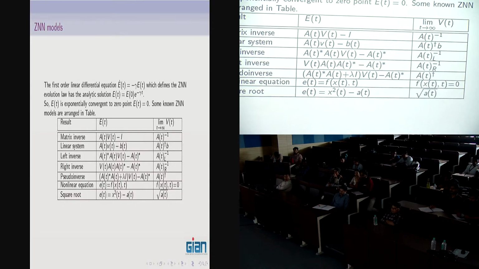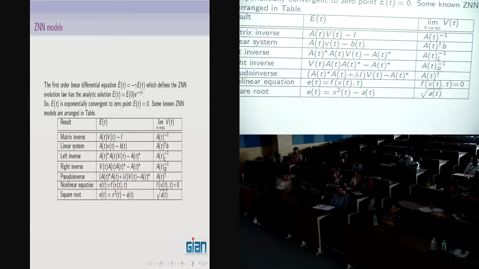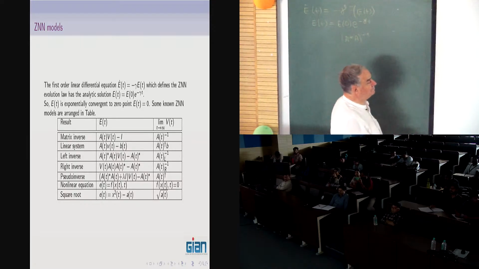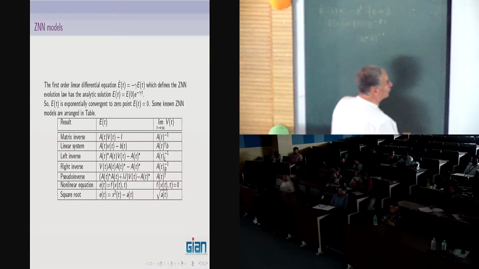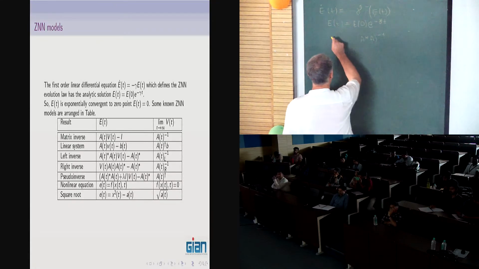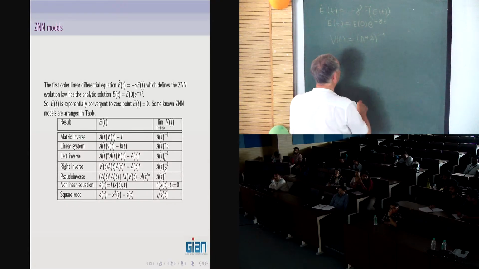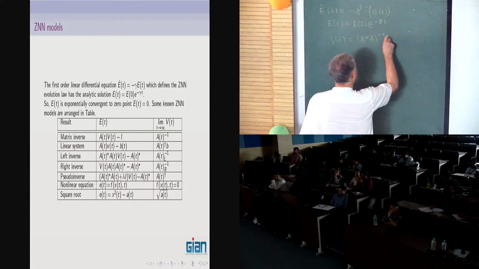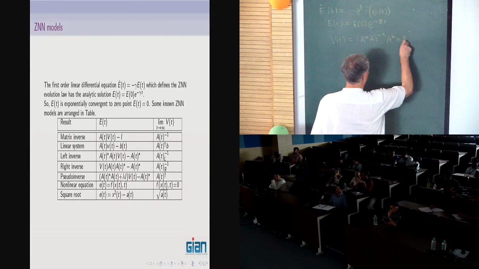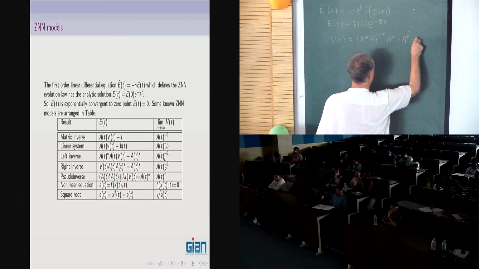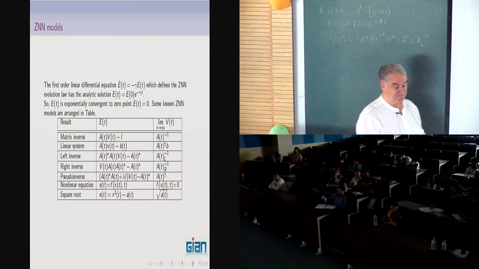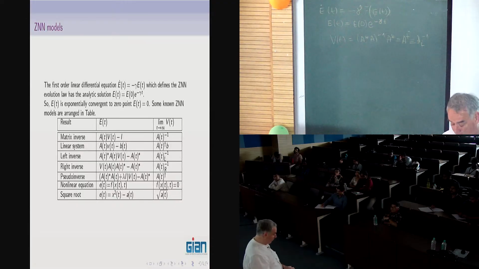If A star A is invertible, what will be the solution? V of t will be the inverse of A star A times A star, which is the Moore-Penrose inverse, but better to say it is the left inverse. Such a matrix has full column rank.